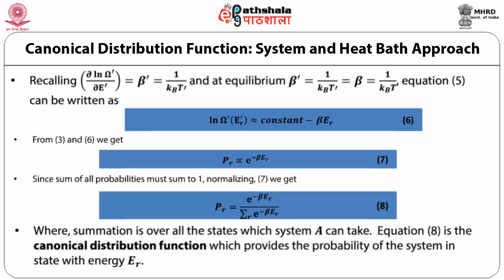Since the sum of all probabilities must be 1, normalizing 7, we get PR is equal to e raised to the power minus β ER divided by the summation over R of e raised to the power minus β ER, where the summation is over all states which system A can take. Equation 8 is the canonical distribution function which provides the probability of the system in a state with energy ER.